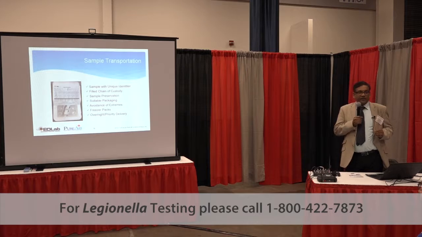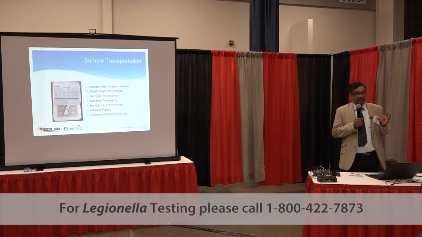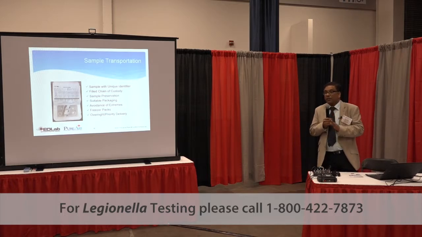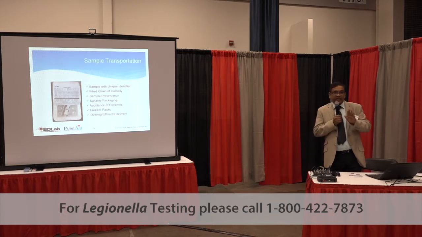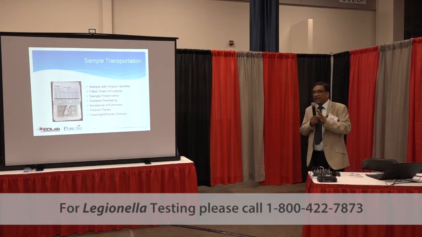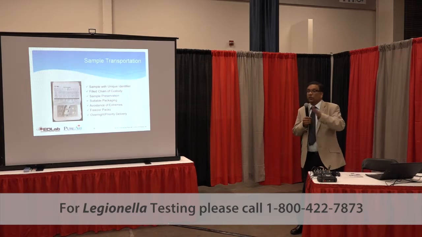One thing I want to emphasize, I have said during the sample collection how you should be collecting the sample, but here let me emphasize that every sample should be properly marked or uniquely identified. Because if you don't identify the sample properly or uniquely, then you will have a hard time to get the result back and to correlate.